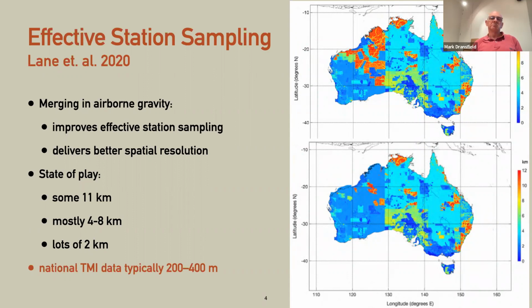And then lots of equivalent of 2 kilometre, the darker blues, not the cyan. So, you know, it's a vast improvement. But as I said before, the national TMI data set is at about 200 to 400 metres. So there's only one more order of magnitude to go.